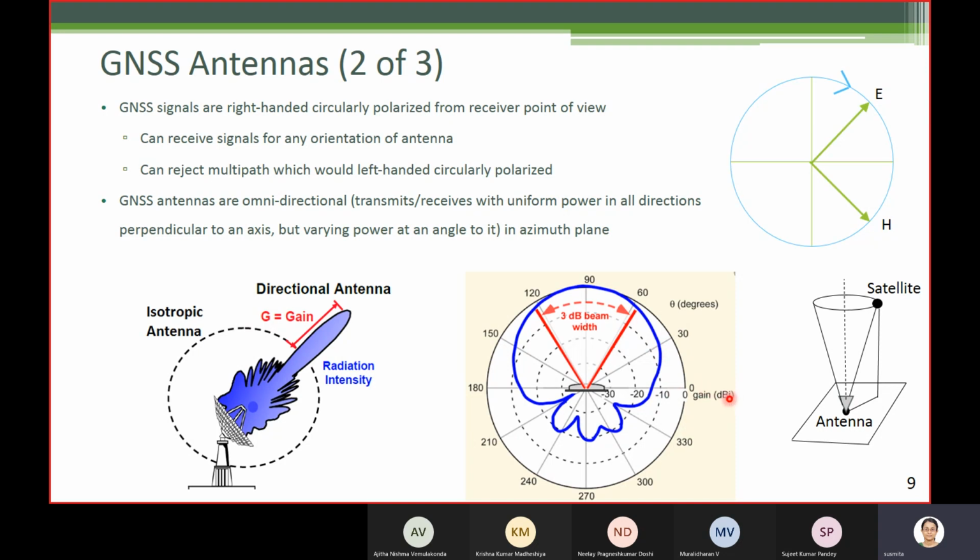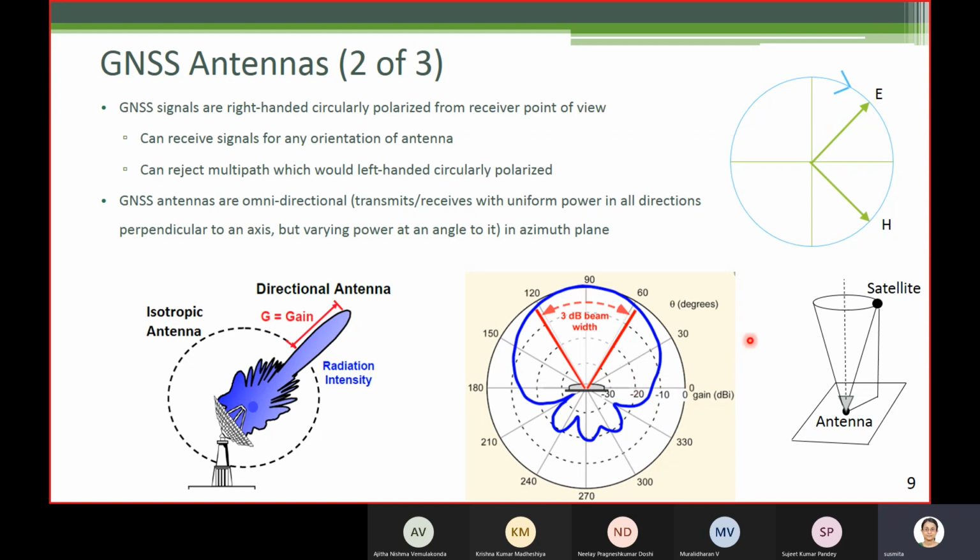I means with respect to isotropic antenna. At 60 degree elevation, this much gain is applied. Then at 0 degree elevation, this is the gain applied. Here it is between minus 10 and minus 20. So you can see that as the elevation decreases, it applies less and less gain. For high elevation satellites, it applies more gain. For low elevation satellites, the gain reduces. Here we have minus 10 dB, minus 20 dB, minus 30 dB. So this is certainly less than 0.